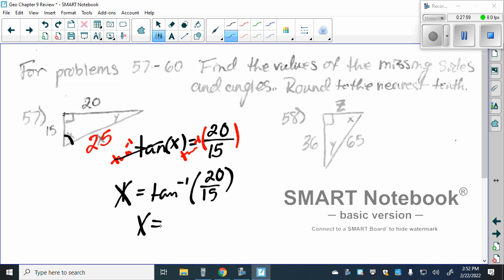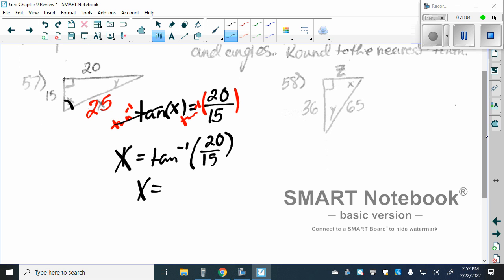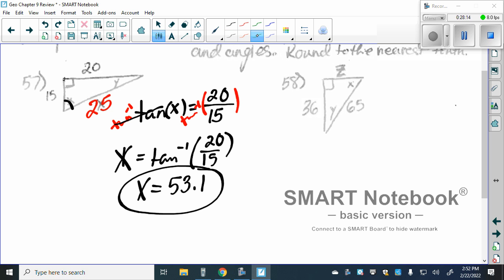which for 57 would give us that x is 53.1. Well, we know that any three angles in a triangle add up to be 180. And if it's a right triangle, the two acute angles add up to be 90.